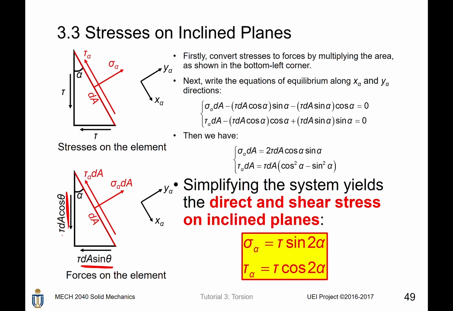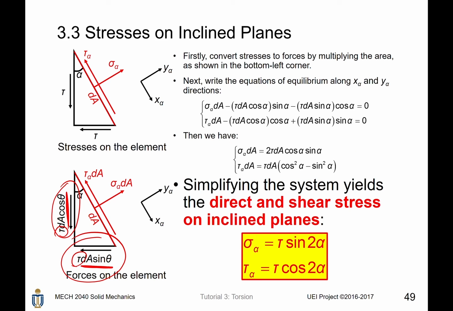Since the stress on both of the surfaces are the same, which are tau xy, then we just simply write it to be tau. By checking the static equilibrium, we decompose those two forces into the x alpha and y alpha directions to get those two equations. Consequently, we will have this.